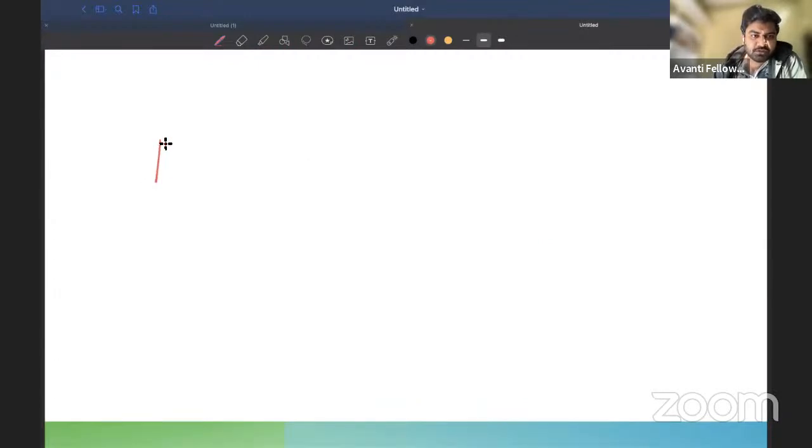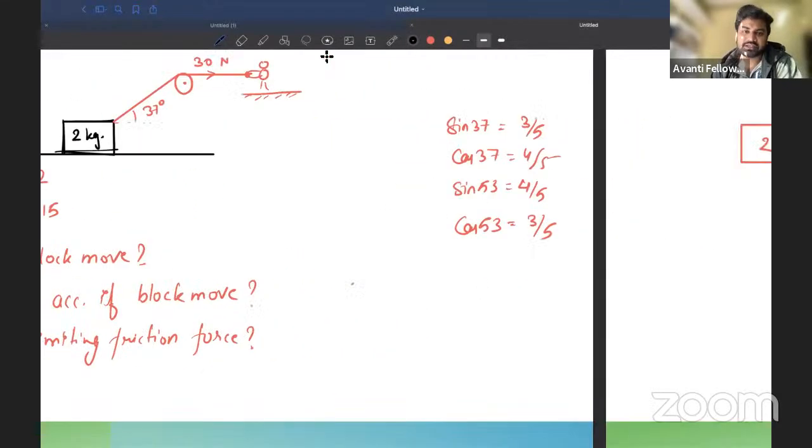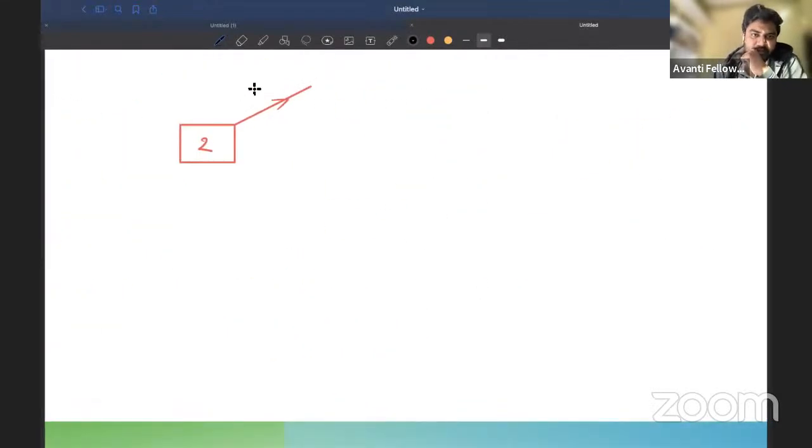So if I talk about the block, this is the block, and this block is of how much weight? 2 kgs, right? Force is acting in this direction. How much is the force? Force is 30 newtons. Okay, so 30 newtons, right?